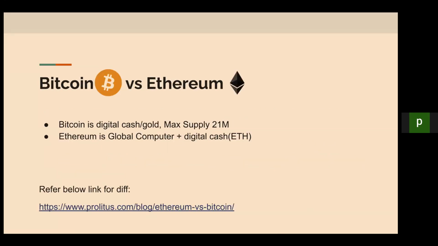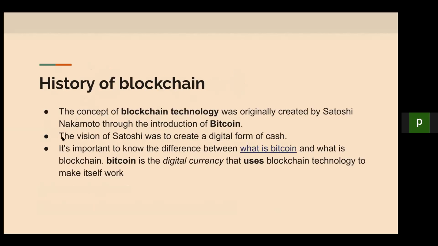Now, Bitcoin versus Ethereum. First of all, let's see what Bitcoin is. You might have heard about it, but I'm not sure if everyone completely knows why it was created and what the actual purpose was. Satoshi Nakamoto's vision was to create a digital form of cash without any intermediary, on a decentralized network, so that the government cannot control the money.